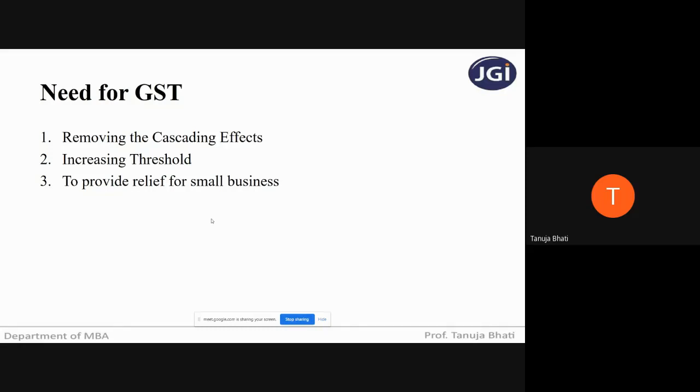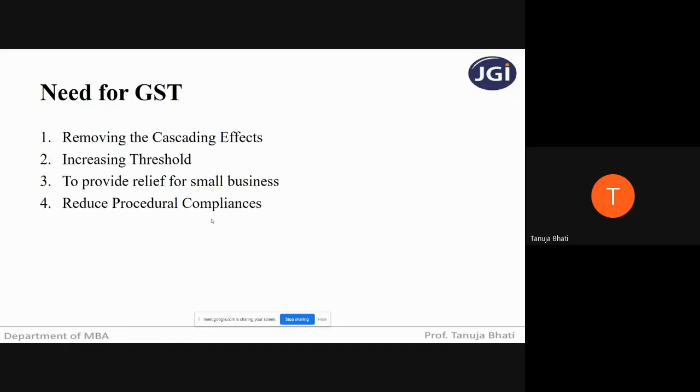Under the composition scheme, even if the business turnover is more than 20 or 40 lakhs, but if the turnover is less than 1 crore or 1.5 crores, some relief will be given to such businesses in respect of payment of taxes to the government. So under GST, there is a concept of composition tax which provides relief for small businesses.